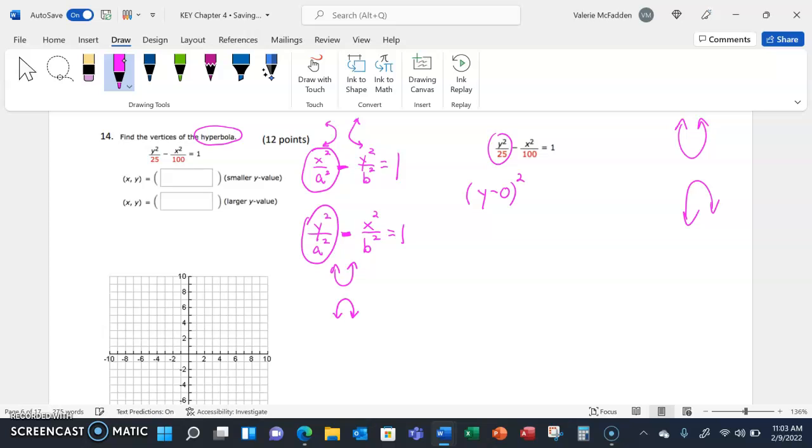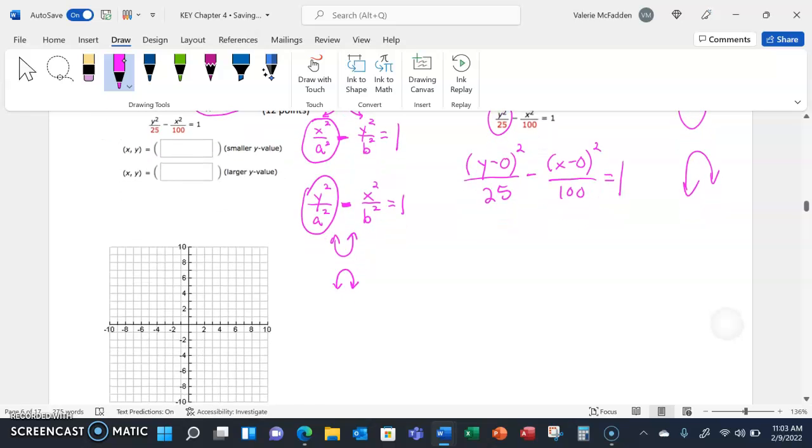So we have y minus 0 squared over 25 minus x minus 0 squared over 100 is equal to 1. So my center is located at HK. H is always with X, K is always with Y, and it always looks like the opposite, although there's zeros this time. So we have 0, 0 for the center.